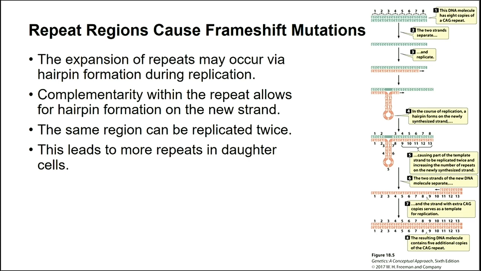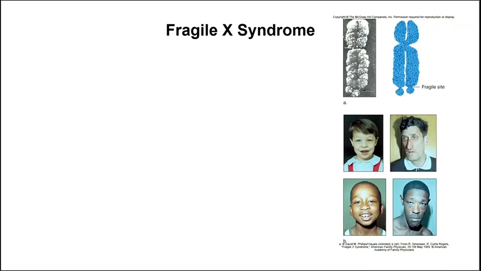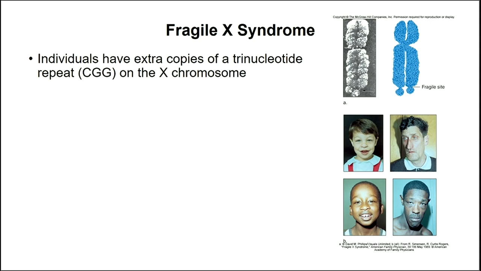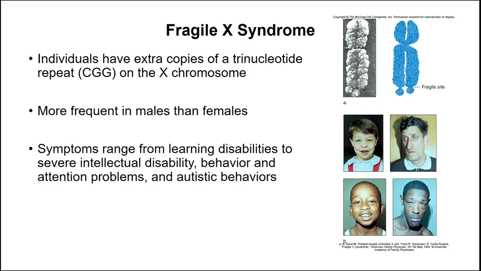And actually this sometimes leads to particular diseases or disorders that we know about. One example of that is Fragile X syndrome. These individuals have a trinucleotide repeat, CGG, on their X chromosome. It's more frequent in males than in females, and symptoms of Fragile X syndrome range from learning disabilities to severe disabilities, as well as behavior, attention problems, and autistic behaviors.